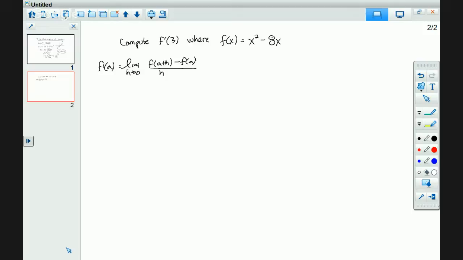I'm going to start giving you your flashcards and we'll start filling them out here pretty soon. So you can get practice. So f prime of 3, the limit as h approaches 0. And what's f of a plus h?